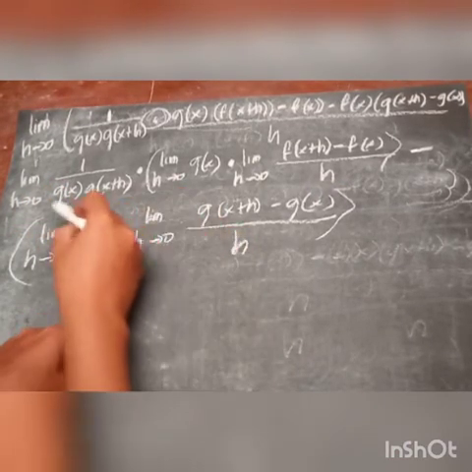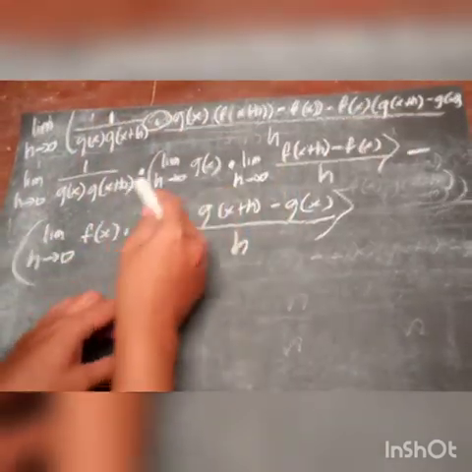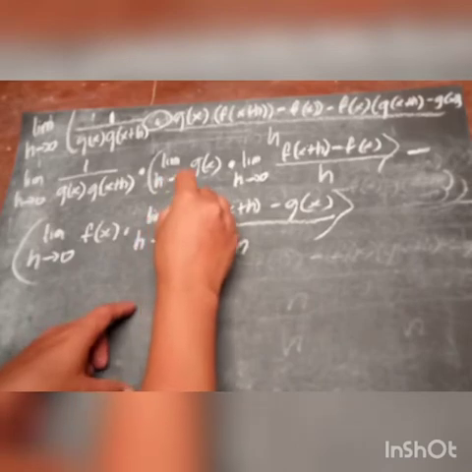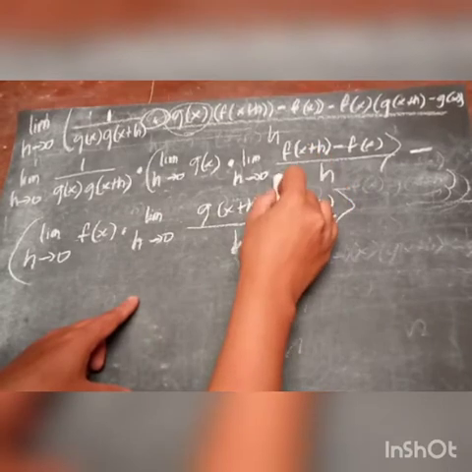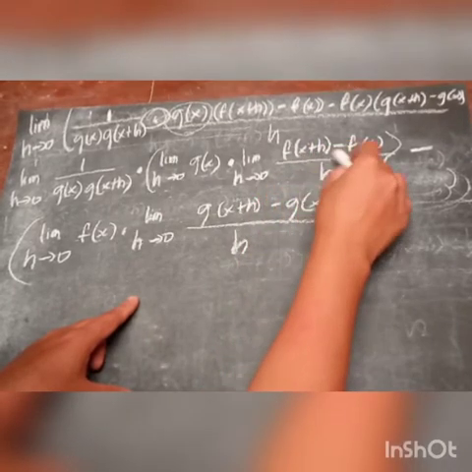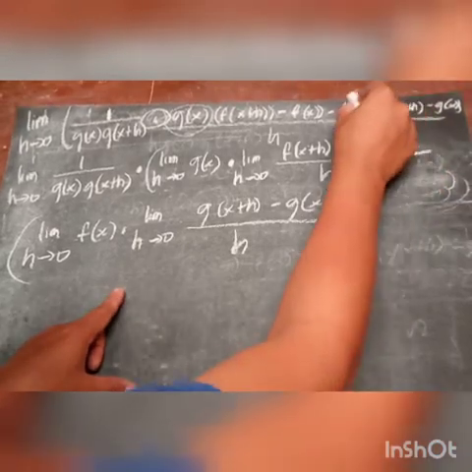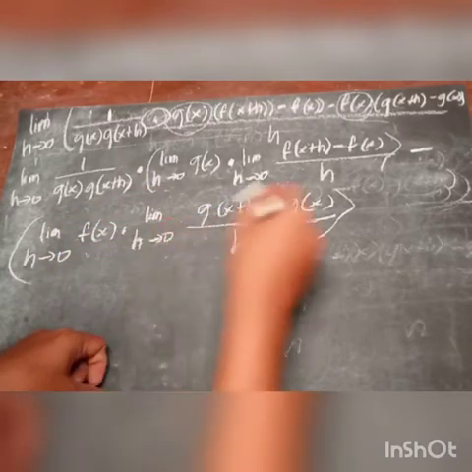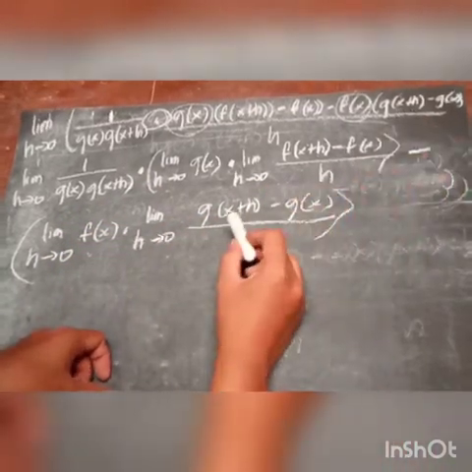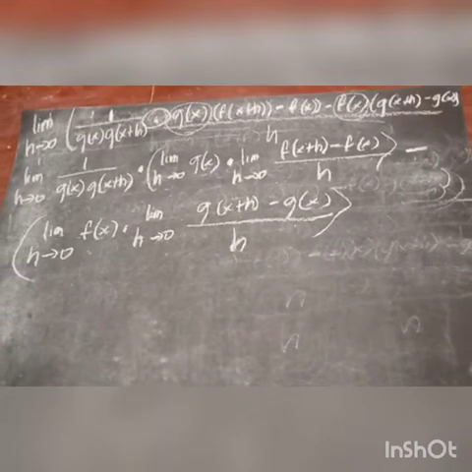So we factor out this expression: we have the limit as h approaches 0 of g of x times the limit of f of x plus h minus f of x all over h. Minus, we factor out f of x, multiplied by the remaining one, g of x plus h minus g of x over h. We will now substitute h as 0.